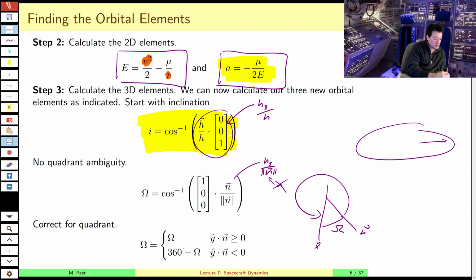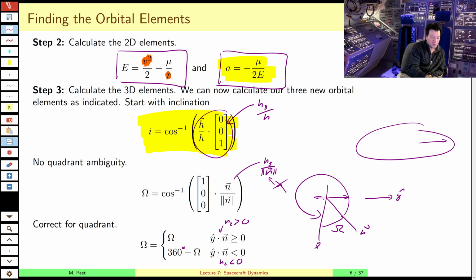So we have to do a little check on quadrant ambiguity. Specifically, if the second component of the line of nodes is positive, this is the y-hat direction, then the angle it makes is between 0 and 180. So this is just n2 here. If n2 is greater than 0, then we're good, we're in the right quadrant. If, however, n2 is negative, then we're in the wrong quadrant.